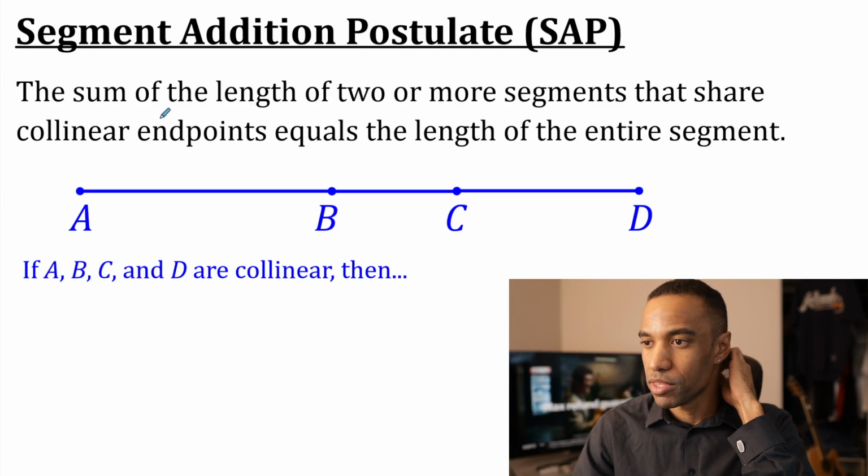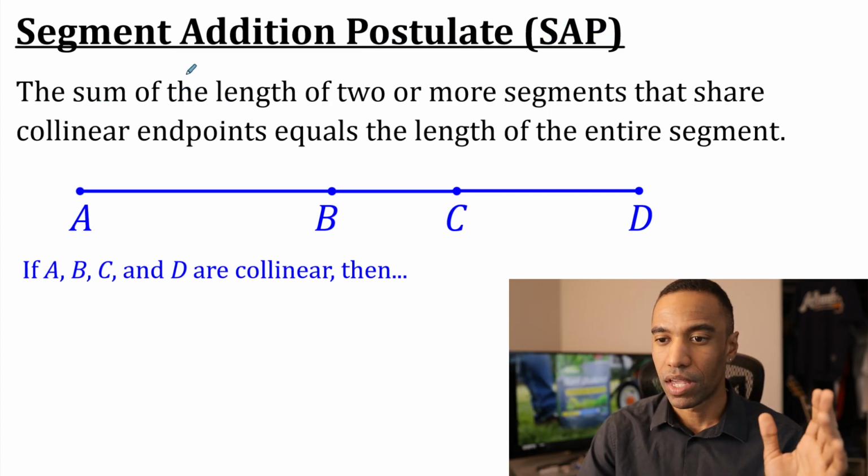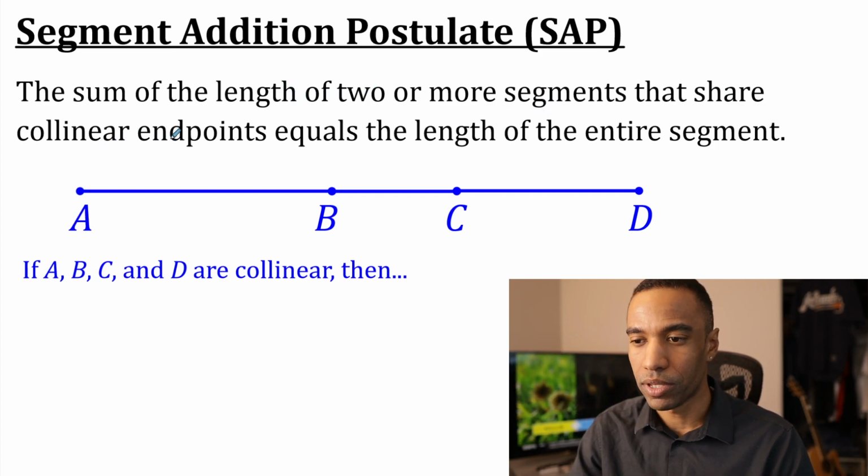Okay, first let's start with the segment addition postulate, or abbreviated SAP. It says the sum of the lengths of two or more segments that share collinear endpoints equals the length of the entire segment.